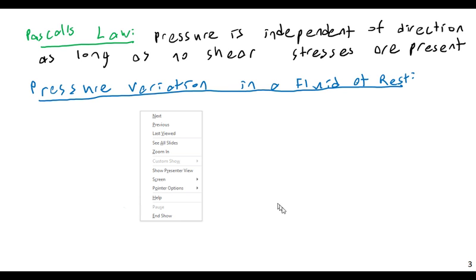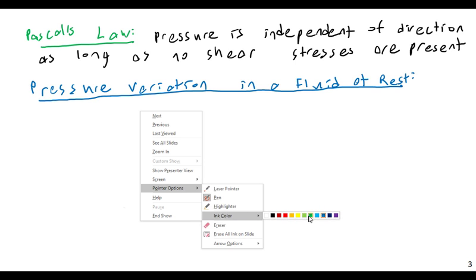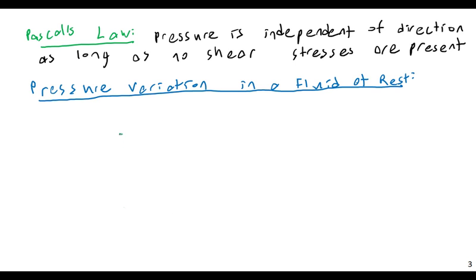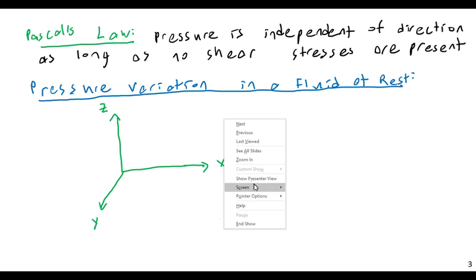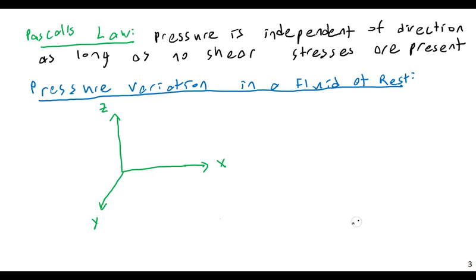And so let me draw another prism here. This time I'm going to draw a rectangular prism and use this to investigate how pressure varies with depth. So let's make another oh so lovely 3D diagram. And I'm going to have X, Y, and Z. Let's draw this out.